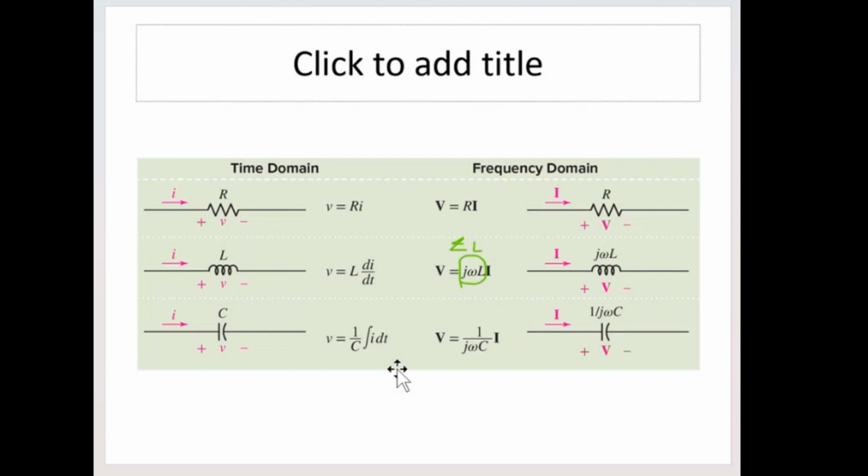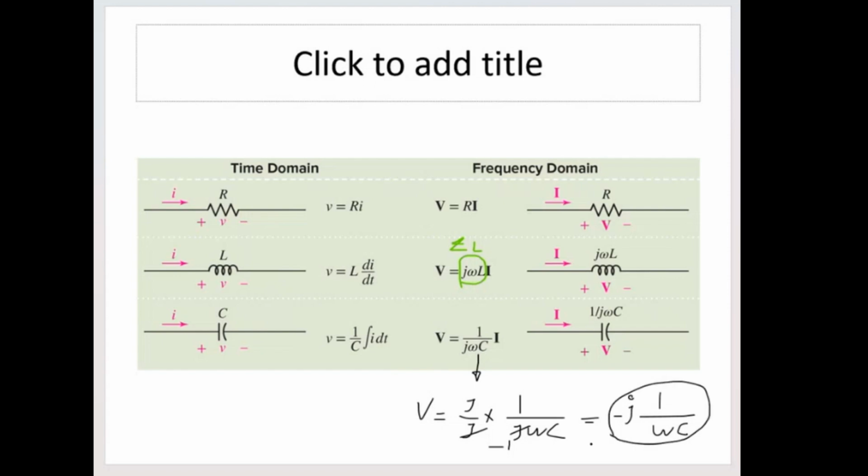Thankfully, if we use the concept of phasor, the integral will reduce to 1 over j omega C times I. We can also rewrite this as V equal to, if I multiply by j and divide by j, 1 over j omega C, it will reduce to, so this would be minus 1, so it would be minus j times 1 over omega C. This format is also handy when we want to use this concept for circuit analysis.